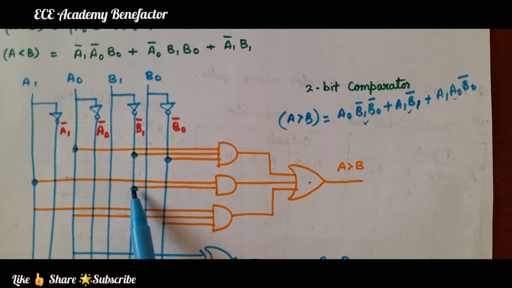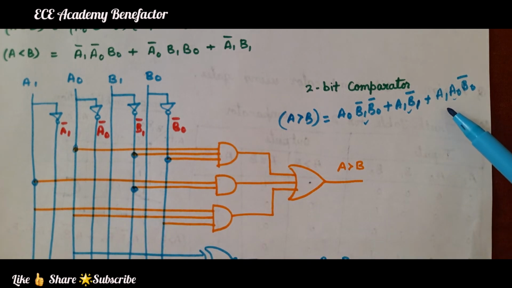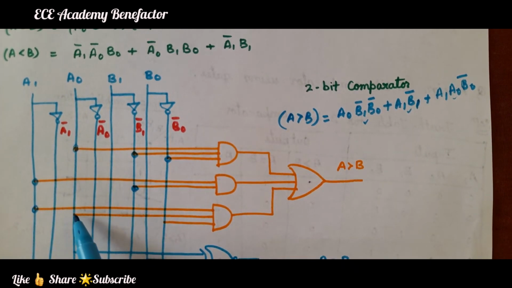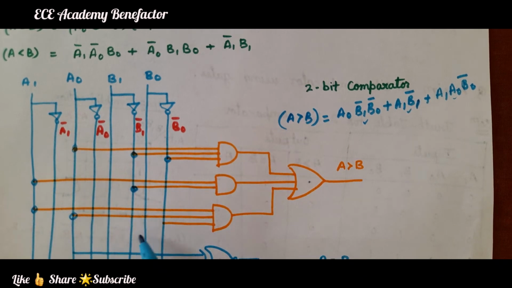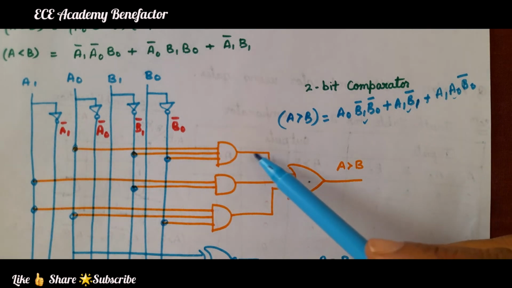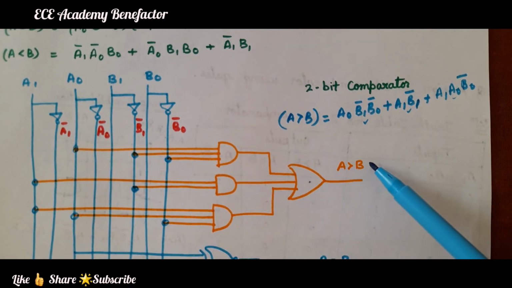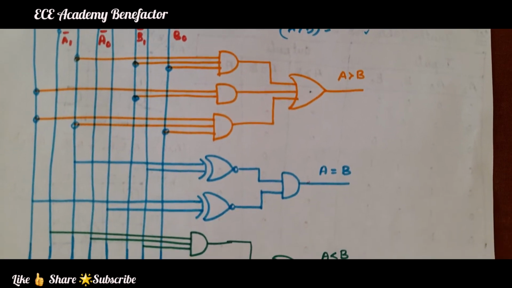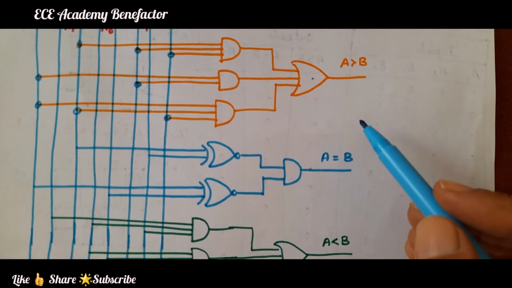So we have to darken it or circle it to show that this input is coming from B1 bar. Now looking at the third term, that is A1, A0 and B0 bar. These three terms are connected to an OR gate to get A greater than B.